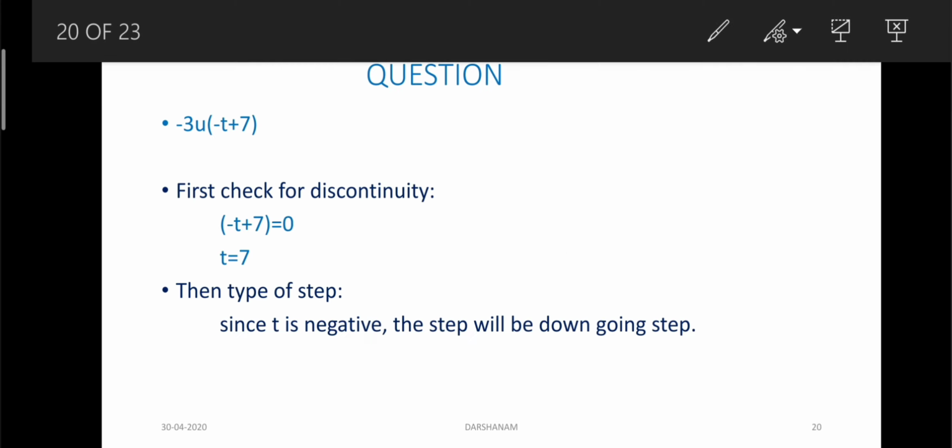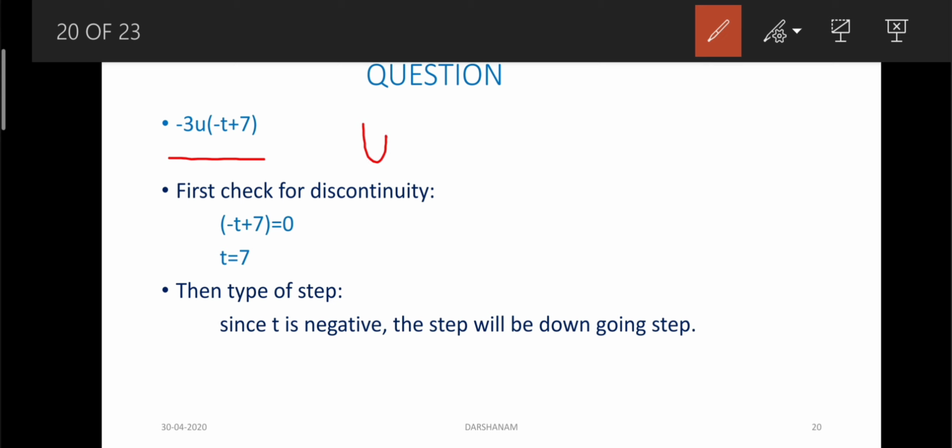Now let's combine all this, that is time scaling, amplitude scaling, and shifted versions of the unit step function, in a simple question. The question is minus 3 u of minus t plus 7. I will show you how we can solve such equations very easily. Simply first do the time shifting and time scaling part.